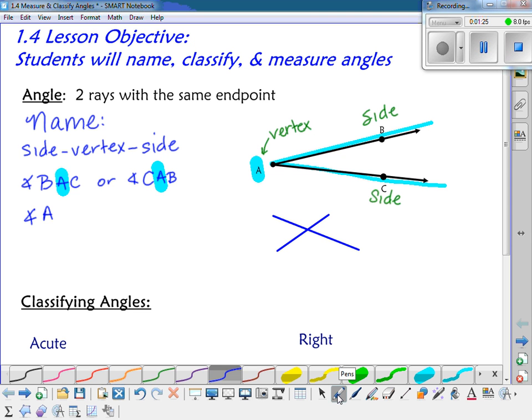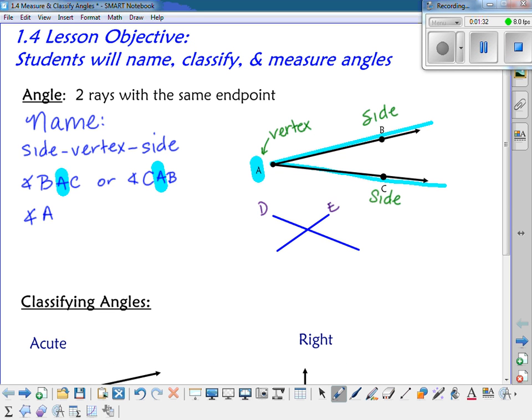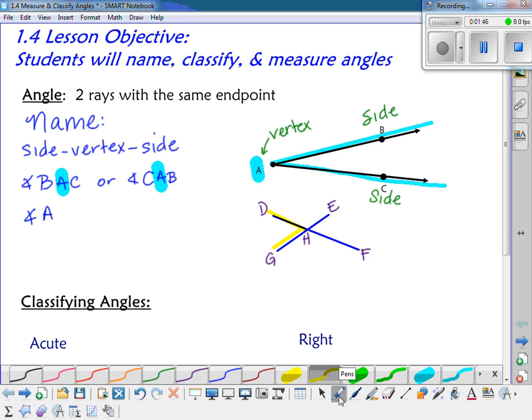However, if I had a situation like these blue lines down here where I have multiple angles formed, suppose I'm talking about this angle here that I'm highlighting in yellow. I could not call that angle H because I wouldn't know which angle you're talking about.